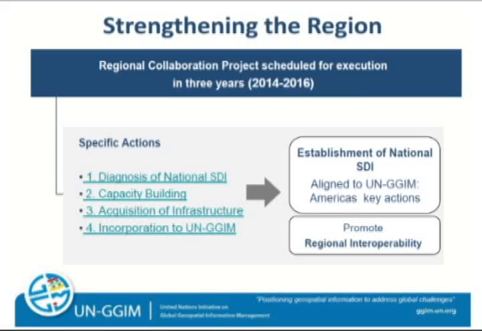We want to create a Caribbean geodetic reference frame. We are going to buy some computer equipment and telecommunication to promote interoperability and facilitate timely geospatial information use and exchange.